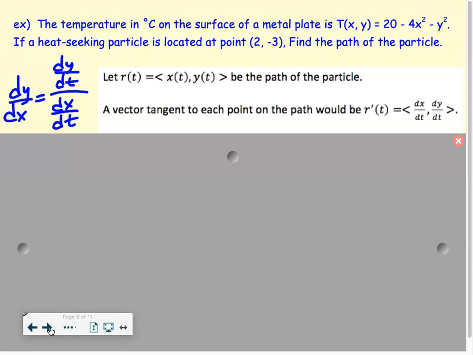We learned this last year. We even used this a little bit when we were doing our polar parametric unit, but we know this year too. So dy/dx equals dy/dt over dx/dt, right?